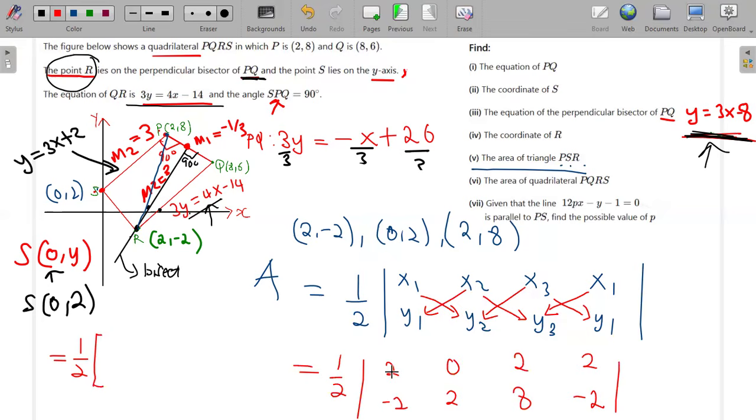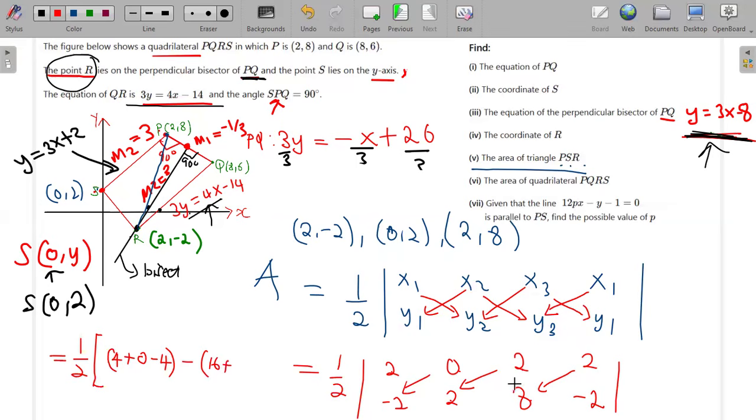I'll multiply now. 2 multiplied by 2, I get 4, plus 0 multiplied by 8, I get 0. Then 2 multiplied by minus 2, I'm going to get minus 4. So this is the first part. Then I say minus. On the other part, I start multiplying like this: 2 multiplied by the 8, I get 16.